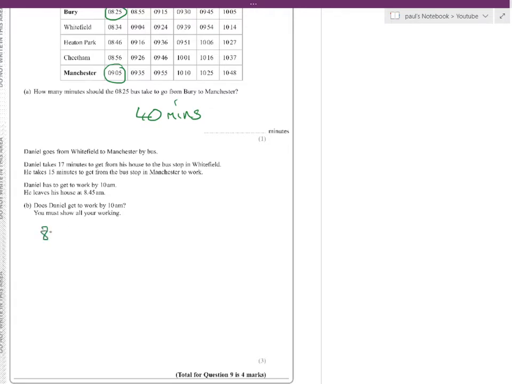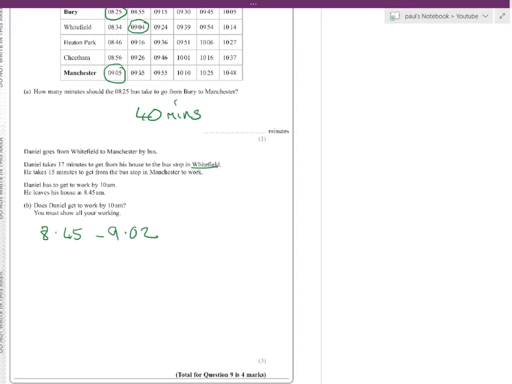So, 8:45, 17 minutes to get to the bus stop. Add 17 minutes onto that and it's 9:02. So he gets to the bus stop in Whitfield at 9:02, and that's the bus he catches.